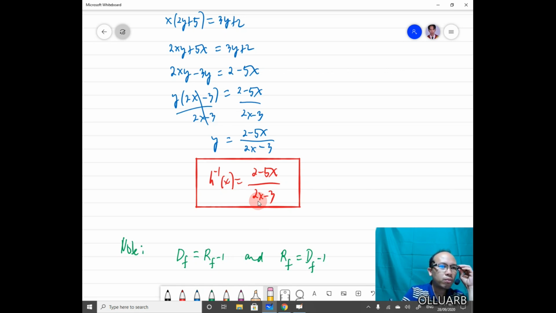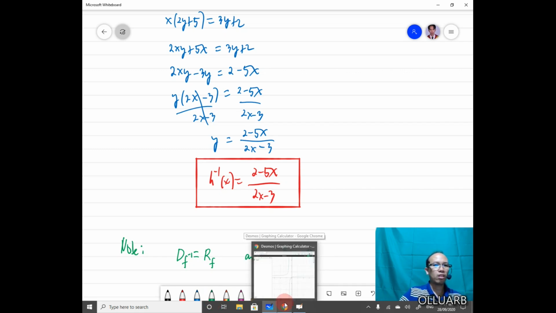The domain of f inverse is the range of the original function, and the range of f inverse is the domain of the function. Okay, that would be the correct one.